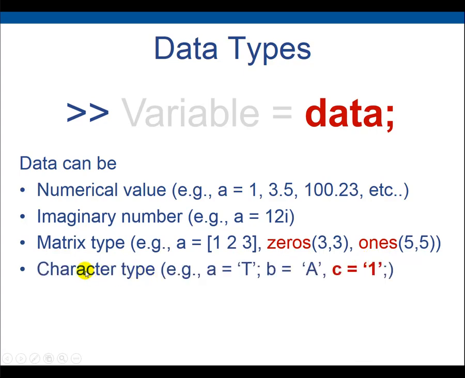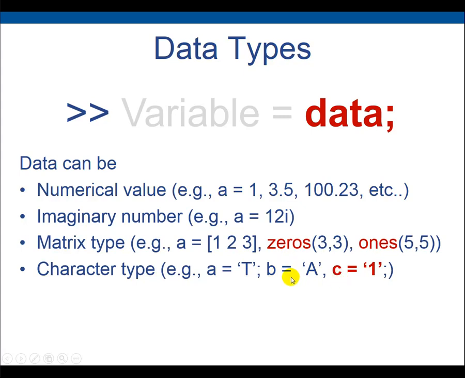Here is a little interesting point. MATLAB can also treat character type. So this is the variable, right? The variable contains the T, but here you can see the single quotation mark, and B equals A, with a single quotation mark.